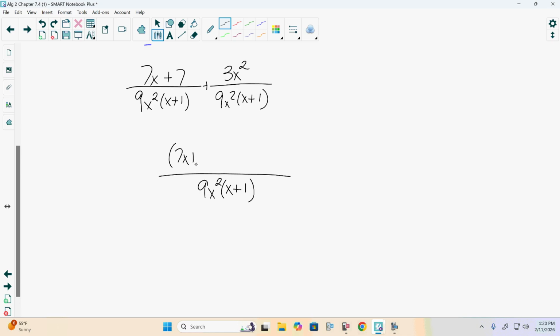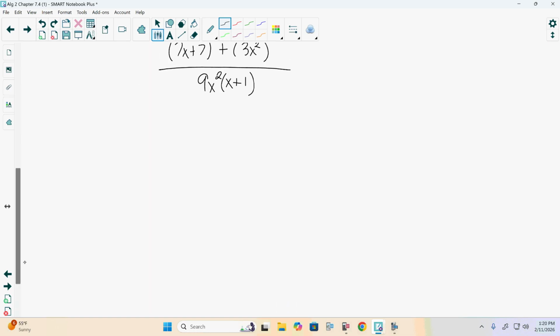And since the denominators are the same, we can go on and add our numerators. Now, yes, at this point, we don't necessarily need the parentheses because it is addition and the second term is only one term. But it is not wrong to have them.